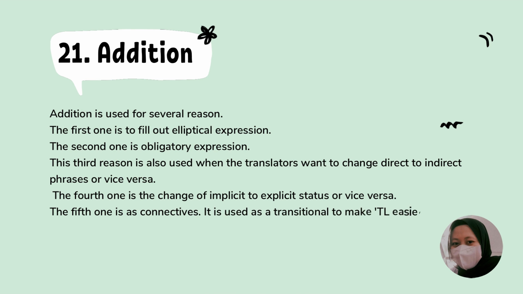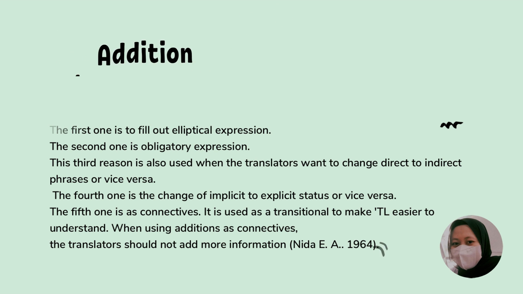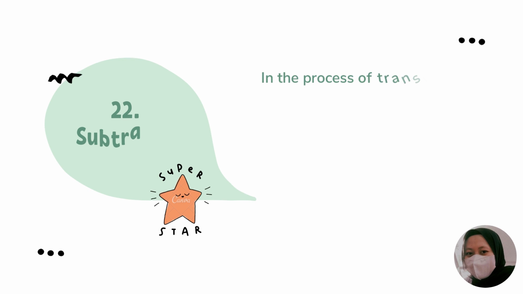The fifth one is as connectives. It is used as transitional to make the TL easier to understand. When using addition as connectives, the translator should not add more information (Nida, 1964).